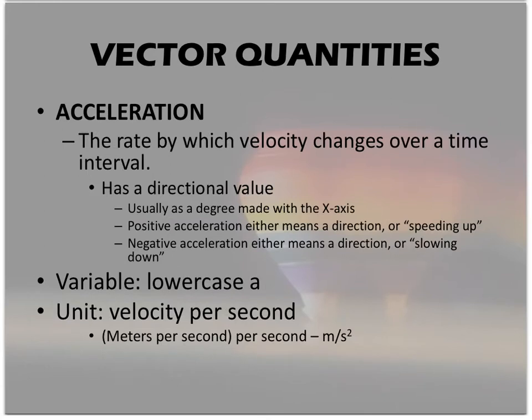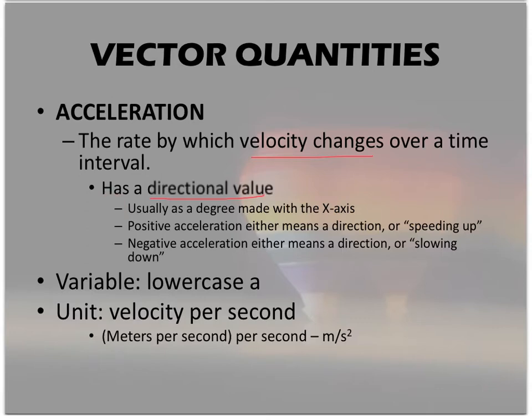Acceleration is the third variable that we'll be using for vector quantities. Velocity was the rate at which displacement changed. Acceleration is the rate at which velocity changes over a time interval. It too has a directional value, and it is also made with a degree from the x-axis. There are different ways of discussing acceleration.